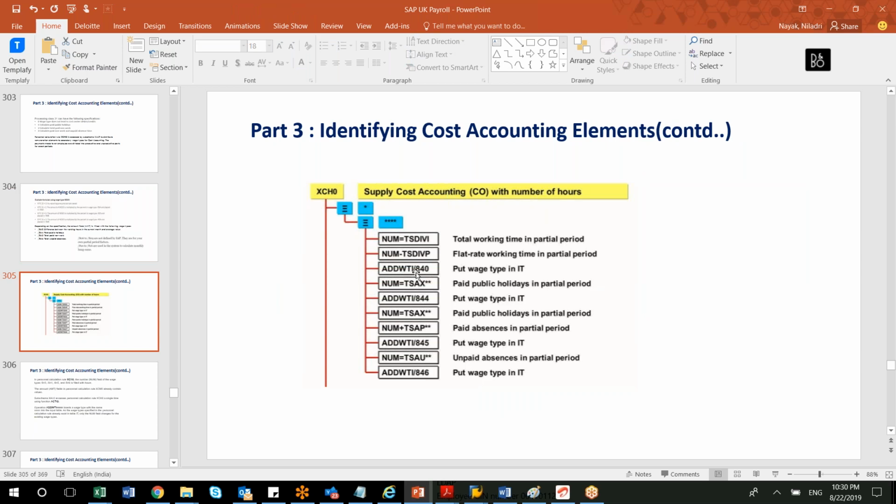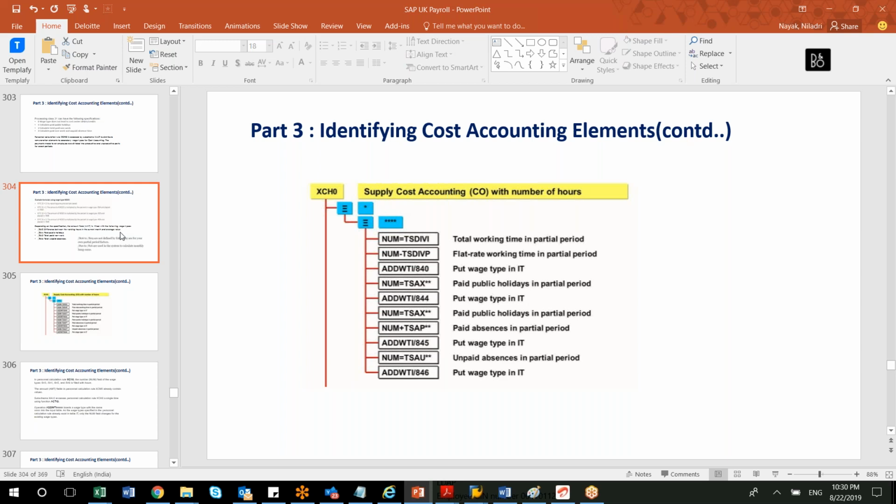Slash 840, as I was explaining, will calculate the difference between the working hours in the current month and the average value: the actual number of working hours, the average value, and the difference, when it puts it into the specific wage type in the particular input table.